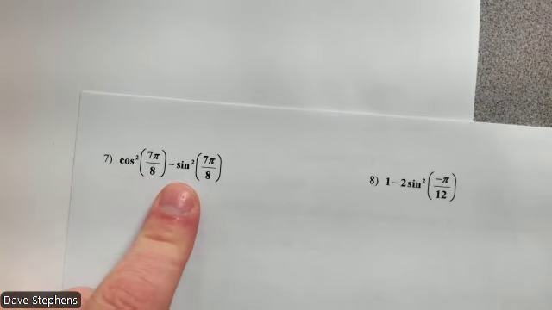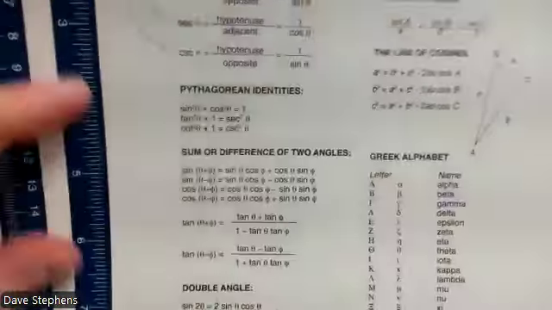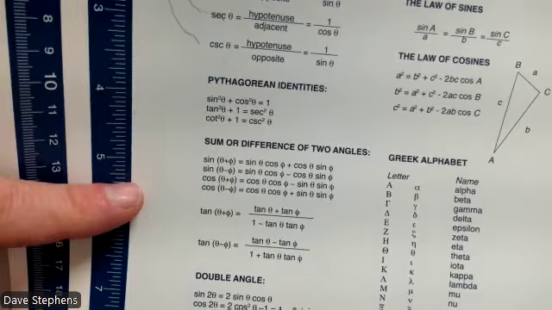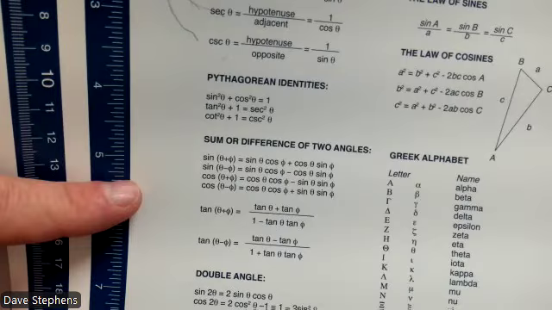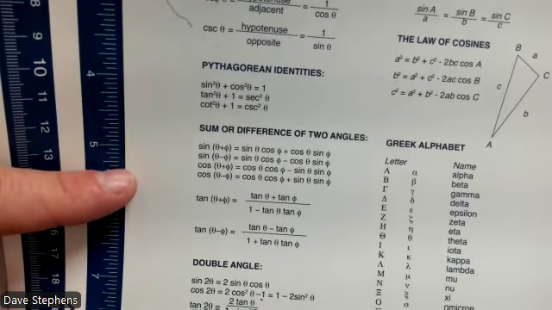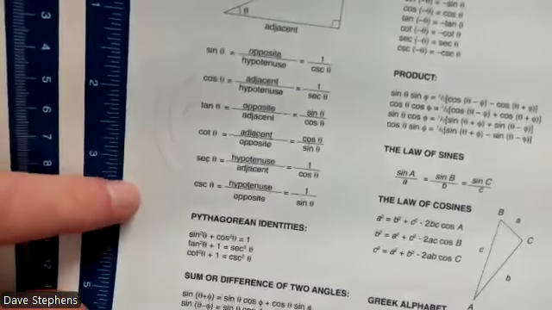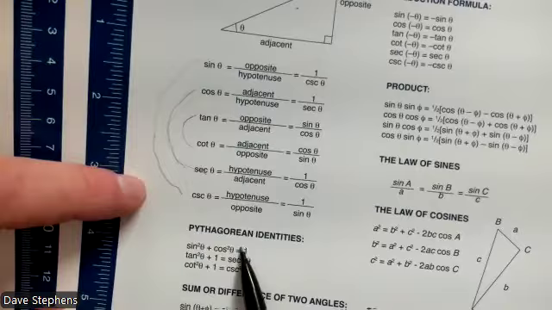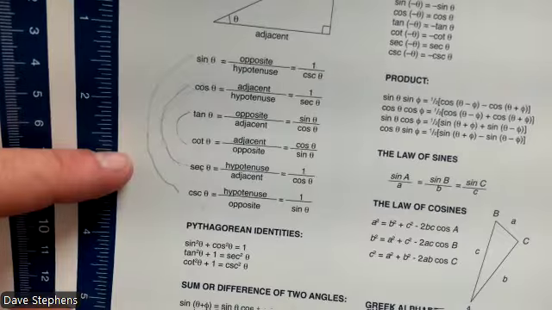Cosine squared minus sine squared. What on earth are we doing here? We have a cosine squared minus sine squared. I don't have that anyway.